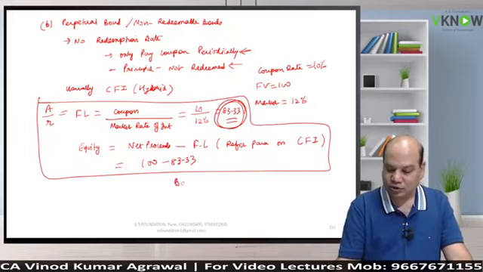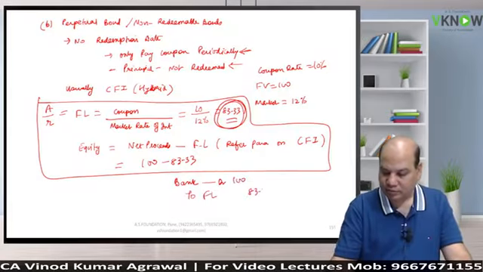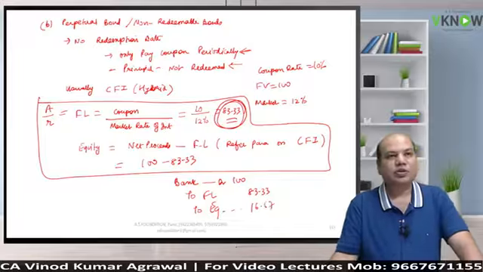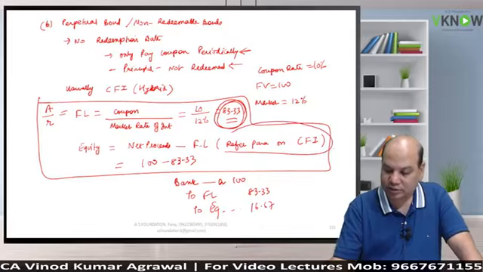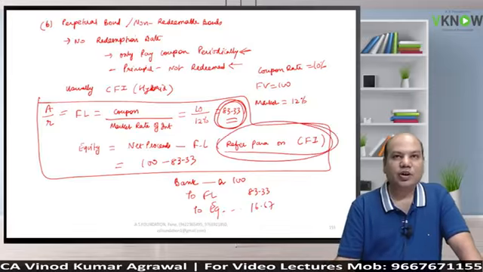So when such an instrument is issued, bank account debit will be 100, to financial liability 83.33, and to equity the balancing figure, 16.67. This we will discuss in detail in the section called compound financial instrument.